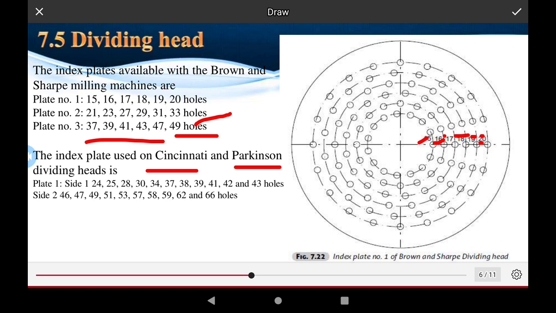These are some of the grooves where the one pin passes through.